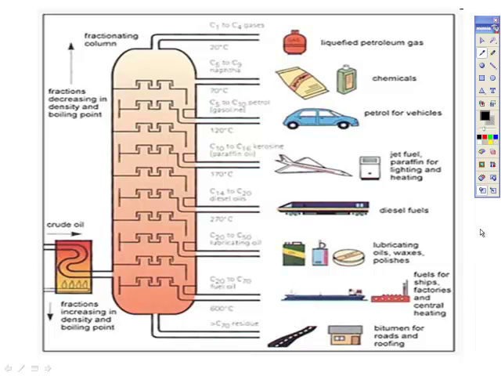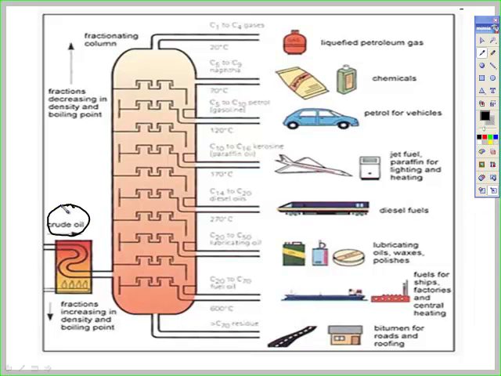This is an example of a fractionating tower, so I just wanted to show you how this works real quick. This is the column, the tall structure you saw. What happens is that crude oil comes in over here and gets heated up really, really hot. When that happens, it separates the different hydrocarbons based on their mass.